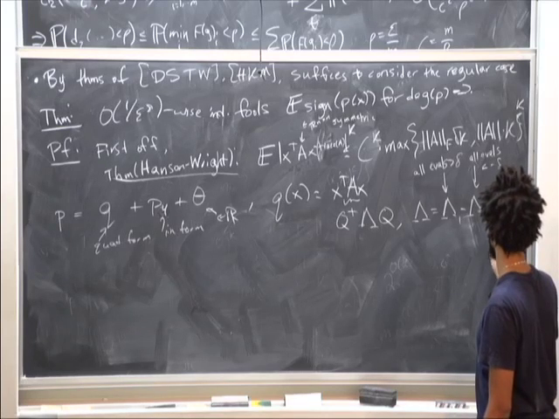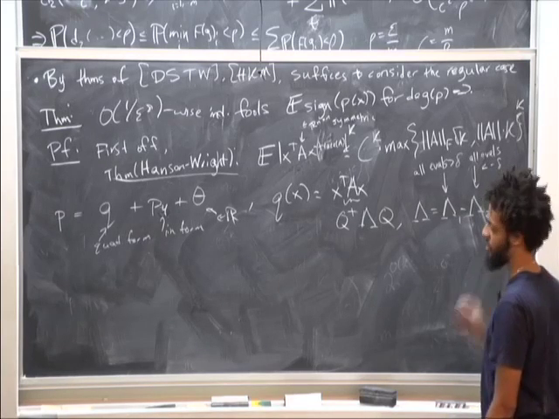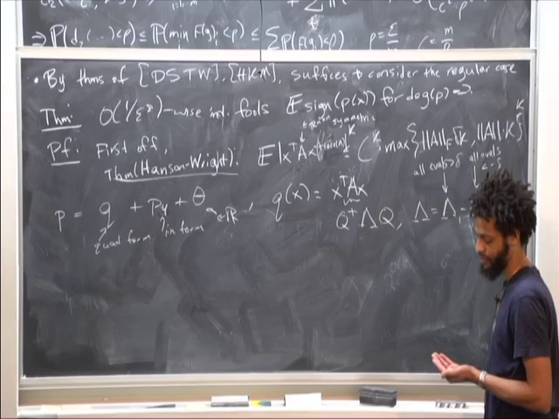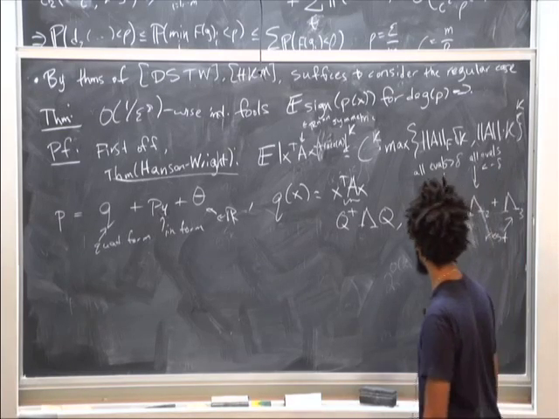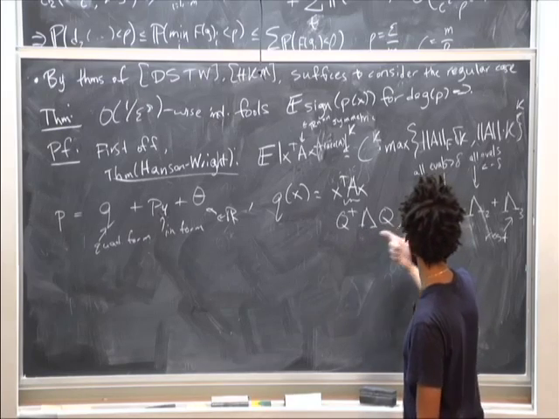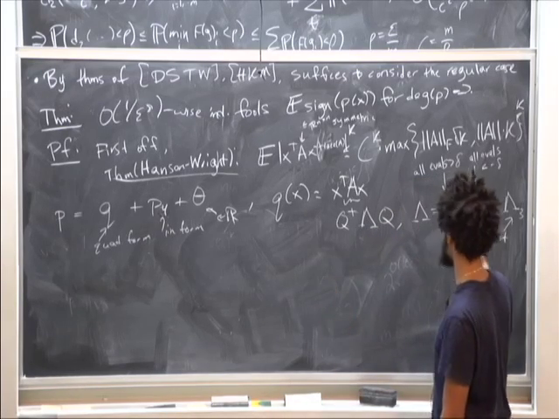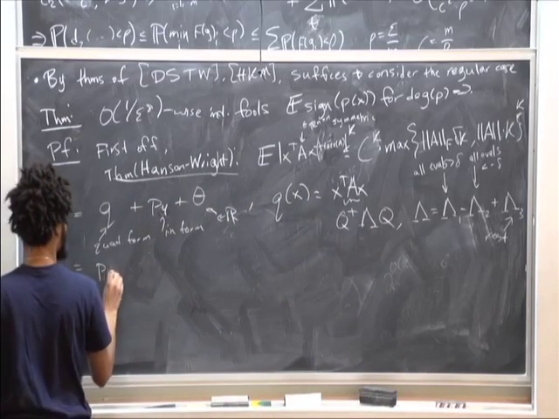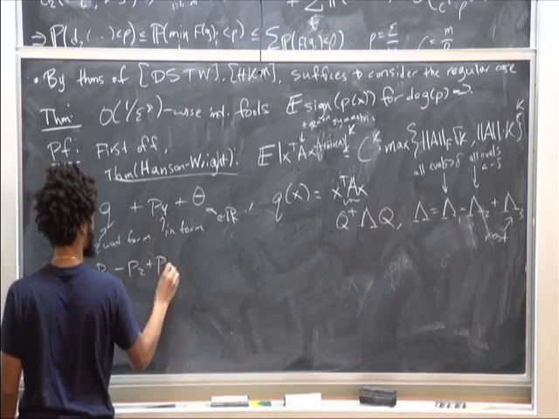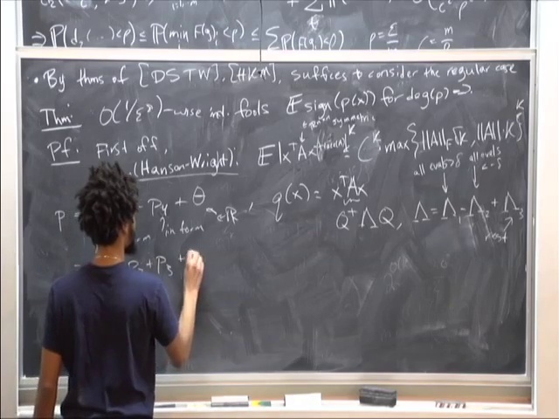And here, I'm going to put the rest, so lambda 3 only has eigenvalues between minus delta and delta. Then when I undiagonalize, this gives me polynomials, so this is equal to P1 minus P2 plus P3 plus P4 plus theta.